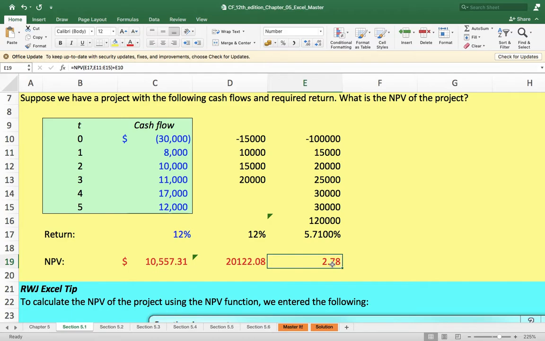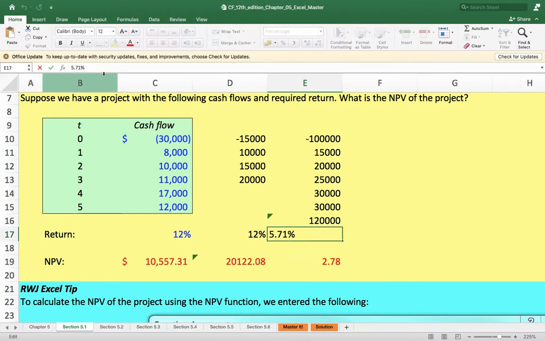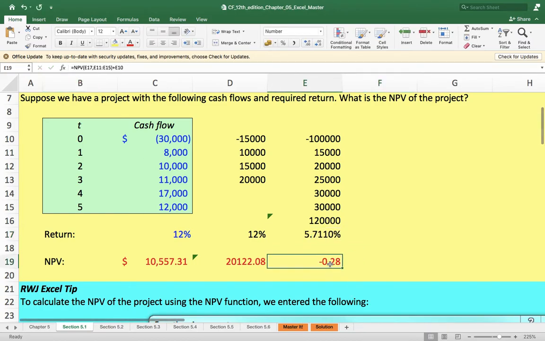IRR is the rate at which NPV becomes zero. So that is the way we calculate. For example, 5.711, yeah, this is zero. Here NPV becomes zero. So what is the IRR of the project?